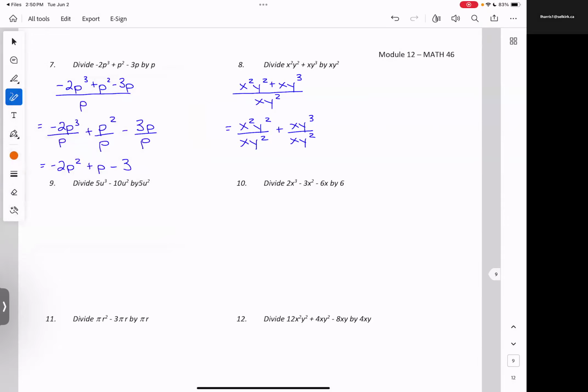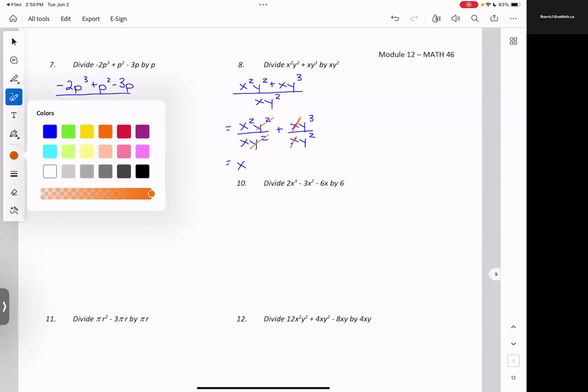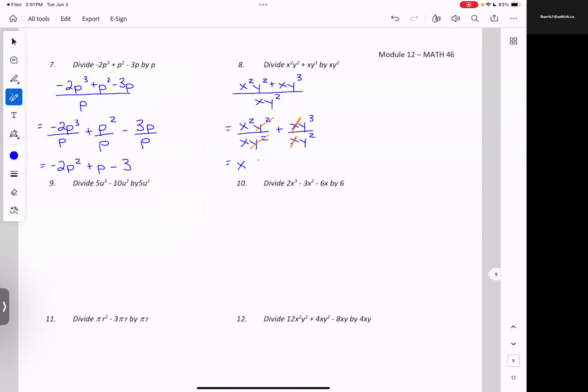And so this first one, we'd have x to the power of 2 over x to the power of 1, just gives us a single x, and our y squareds cancel each other out. In the second term, our x's are going to cancel, and we're going to end up with a single y once we do that division, because we would subtract those exponents to get y to the power of 1, which is just y.